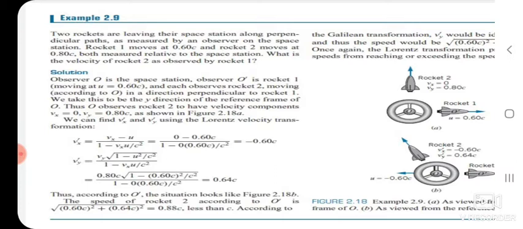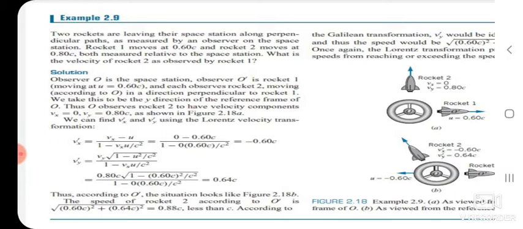Both the observer in the space station as well as the observer in rocket 1 are observing rocket 2, which is moving with velocity 0.8 c according to O in a direction perpendicular to rocket 1.